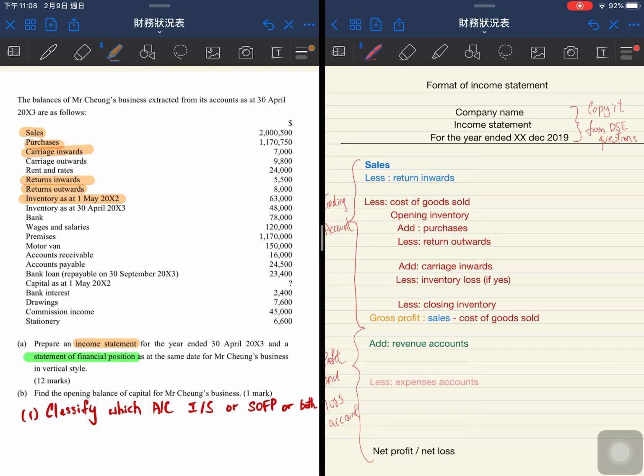There is no inventory loss in this question, so we neglect it. Closing inventory. Okay, so let's do the trading account first.